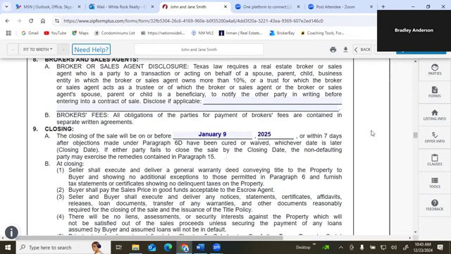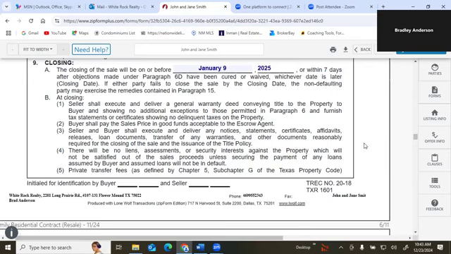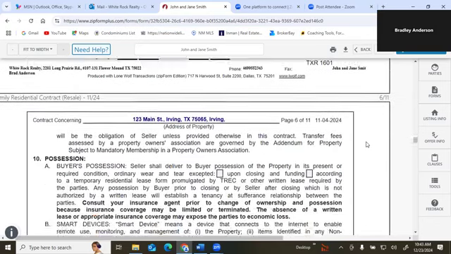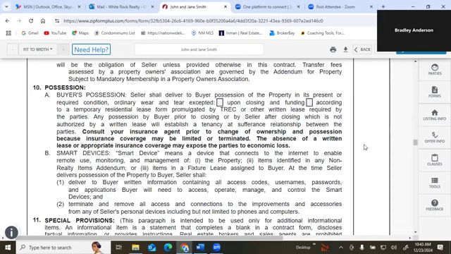Now, your offer is going to go back and forth probably, and you're going to waste a couple of days, so I would add a couple of days and make it maybe 32 or 33 days from today. Okay. You also don't know when your seller is going to get a chance to respond. All right, possession. When is your buyer going to take possession of the home?